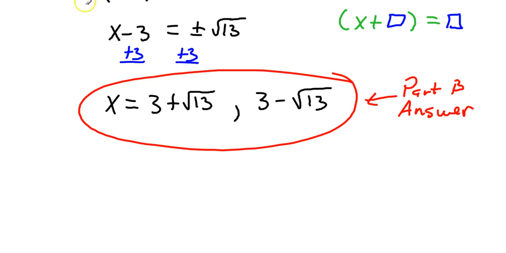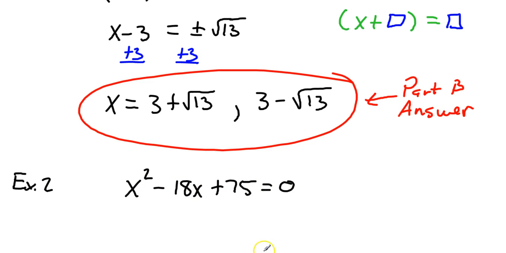Okay, so last problem of the night. Let's go with x squared minus 18x plus 75 equals 0.